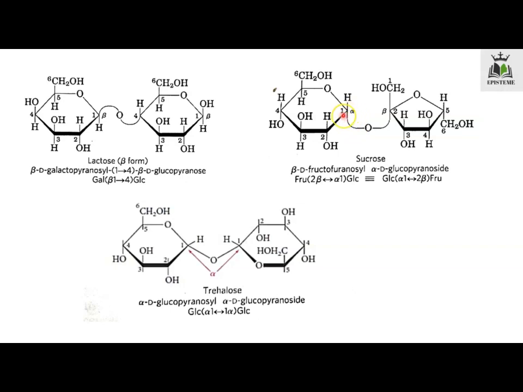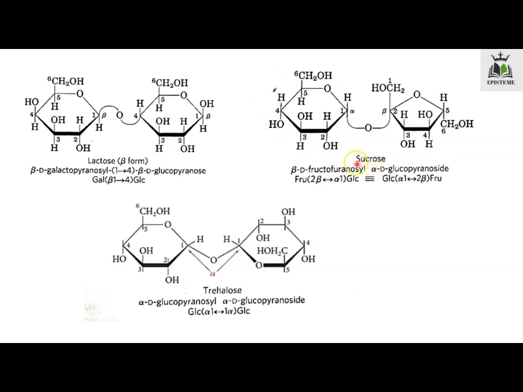It is because the counting is in a clockwise direction, 1, 2, 3, 4, 5 and 6, and as a result the anomers are as they are, like what we have learned, that if it is at the bottom it is alpha. So here it is alpha D because the CH2 is at the top, and glucopyranoside. So this is the scientific name for sucrose.